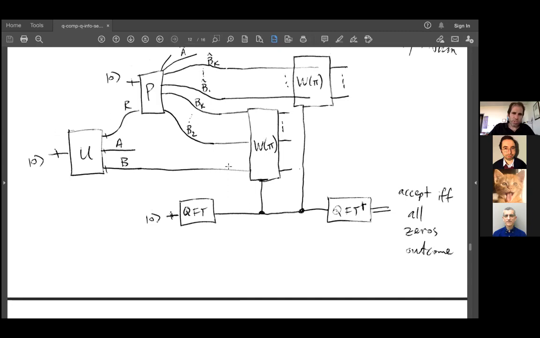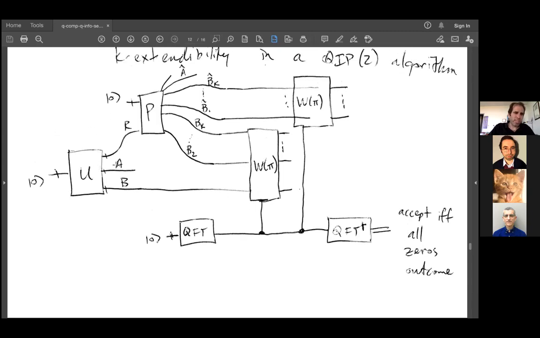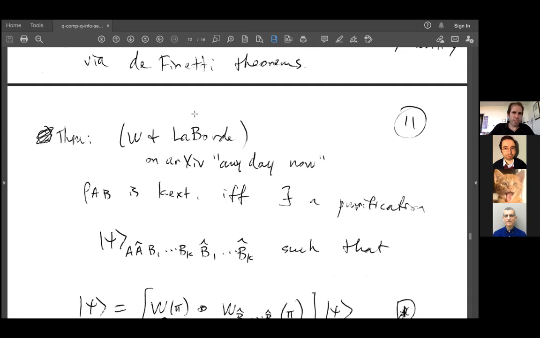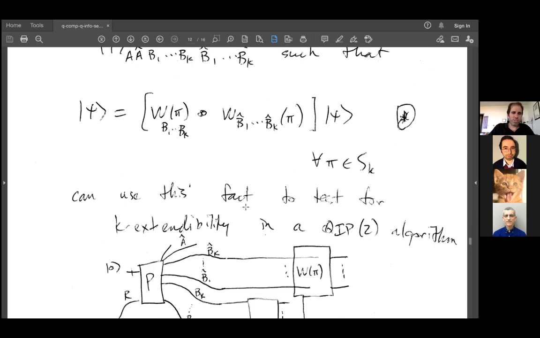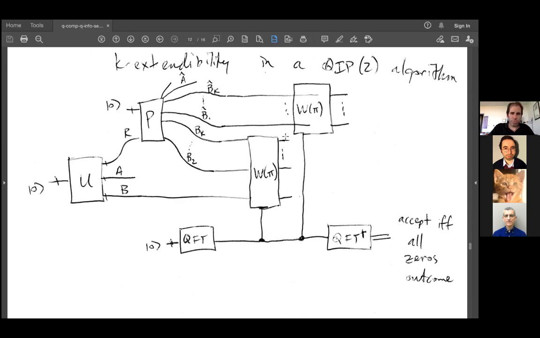So what is the intuition? Well, if the state's K extendable, then by this theorem, this permutation exists. And so when we do this test, the state is permutation invariant. And so there's no signal that will be sent back. There's no phase kickback that will be sent back, and we will indeed measure the all zeros outcome, okay?